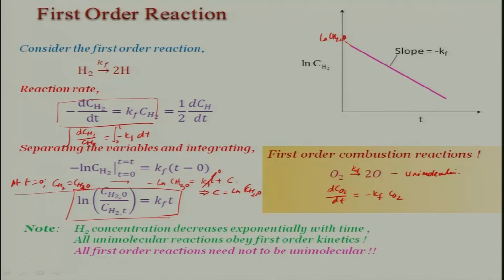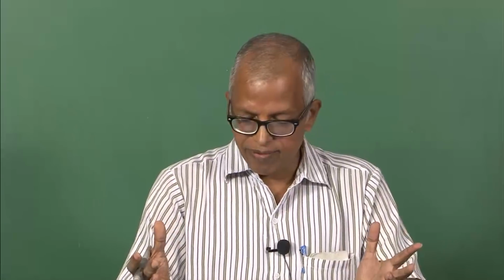There might be two molecules participating, but however, there might be a situation where some reactions will be first order in nature, right. And that will occur particularly when one molecule's concentration is too large to be changing with respect to time.